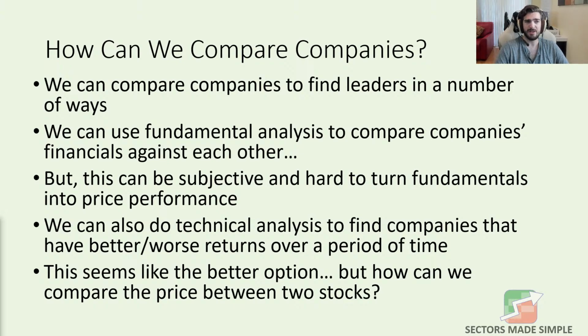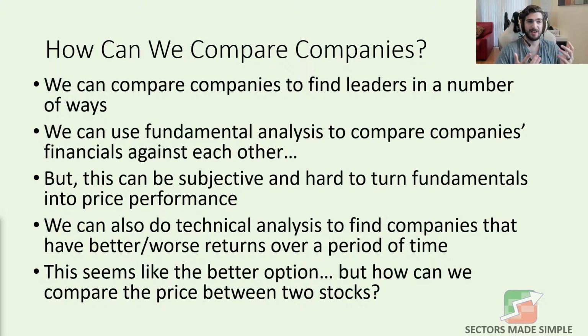We can use something like fundamental analysis, where we look at a company's financials and say this company has better financials than that company. But this isn't perfect. While there are some things like earnings per share growth that are very easy to explain and say this one has better than that one, there are other parts that are a little bit harder, like price to earnings.